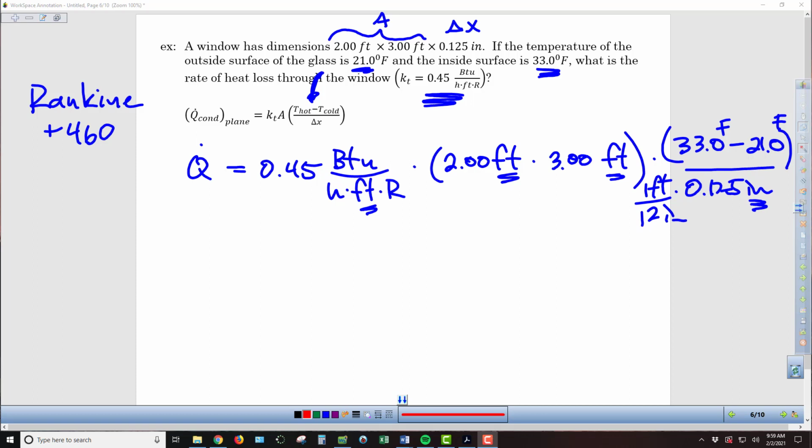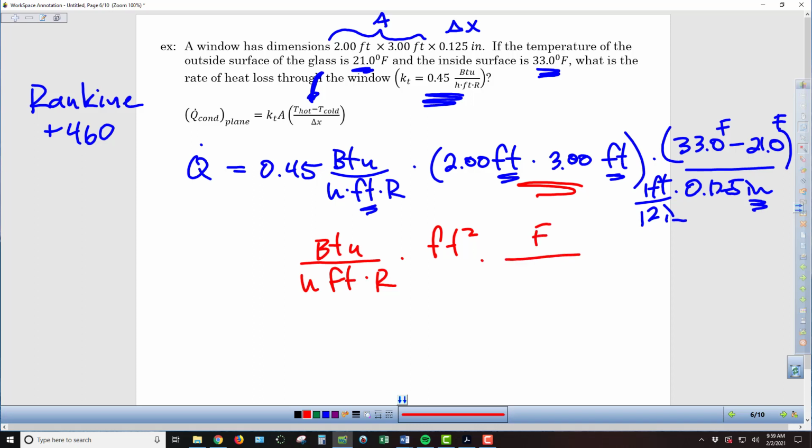So just keeping track of the units at this point, we're now looking at BTUs per hour, feet, and then again, this Rankine is the equivalent of Fahrenheit, so we're going to have a match there, as we'll see. For the area here, we're ending up with square feet. Over here in the last part of the equation, we've got Fahrenheit in the top, and then after we make the conversion here, we're going to have feet on the bottom.